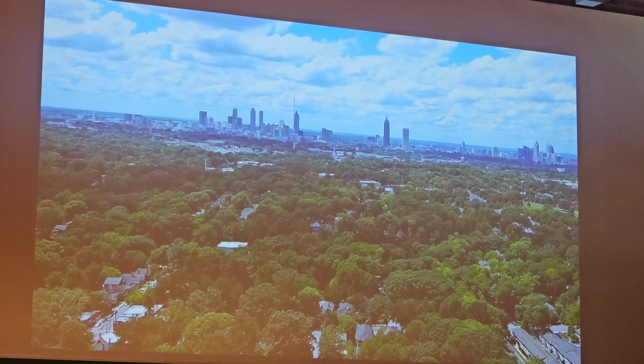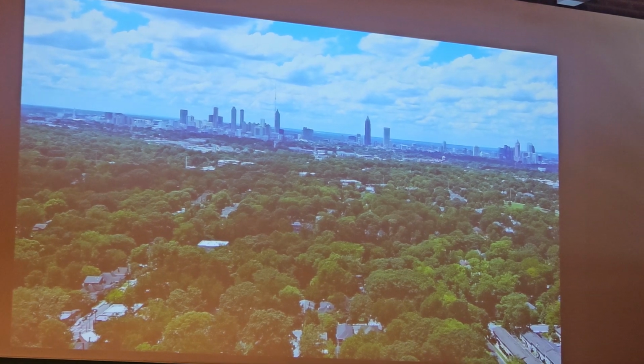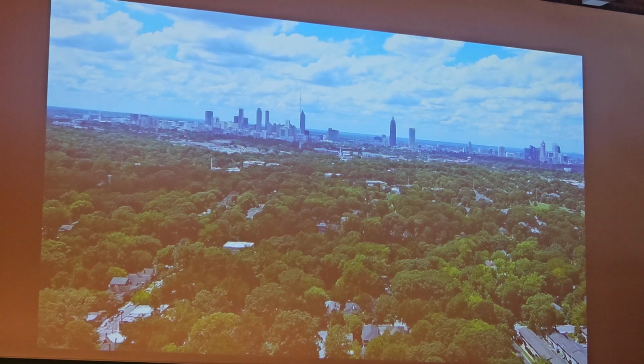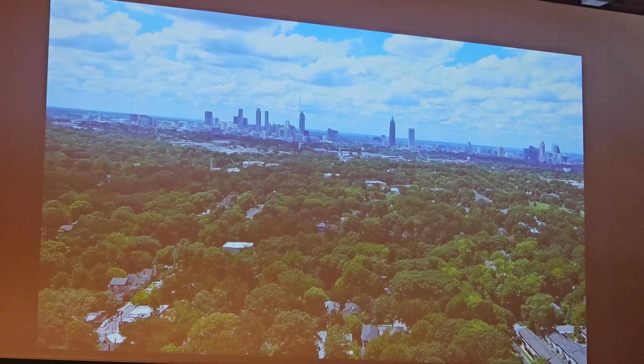When you think of a city like Atlanta in the American Southeast, you think of a hardcore, concretized city. But actually, if you zoom out, it still has quite big forests around it.